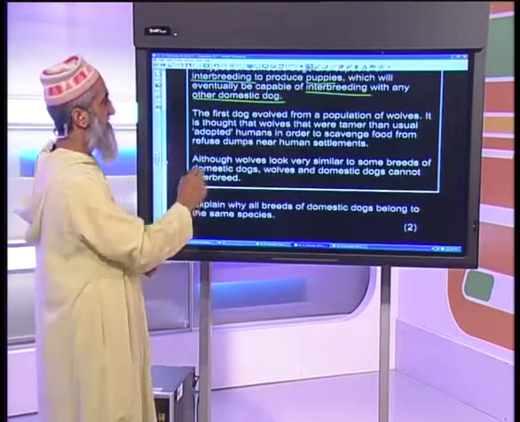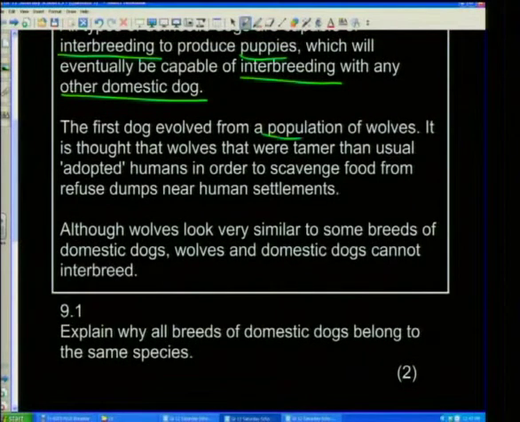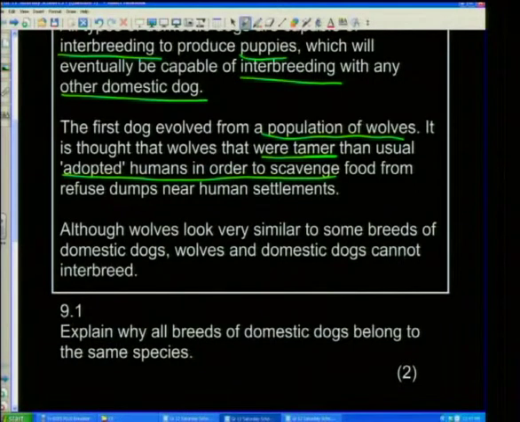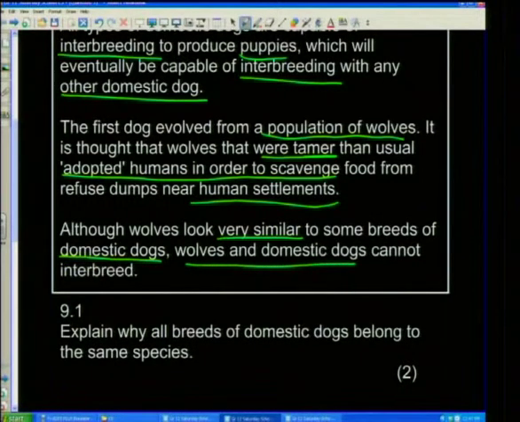The first dog evolved from a population of wolves. It is thought that wolves that were tamer than usual adopted humans in order to scavenge food from refuse dumps near the human settlements. Although wolves look very similar to some breeds of domestic dogs, wolves and domestic dogs cannot interbreed.